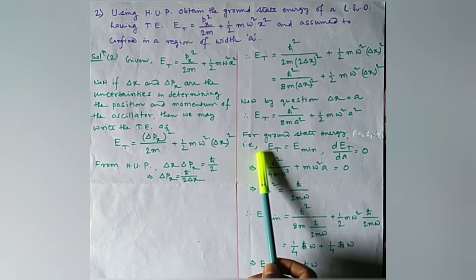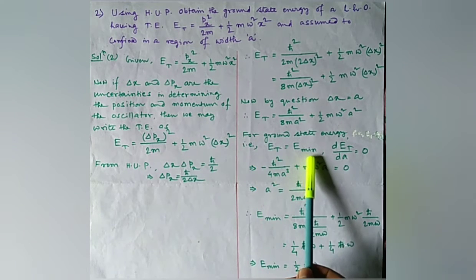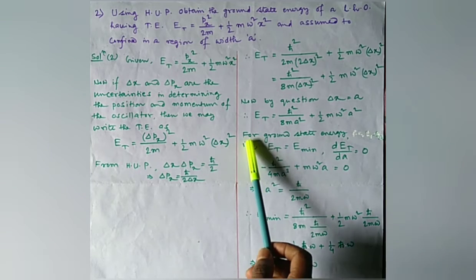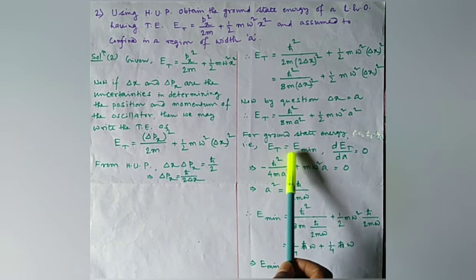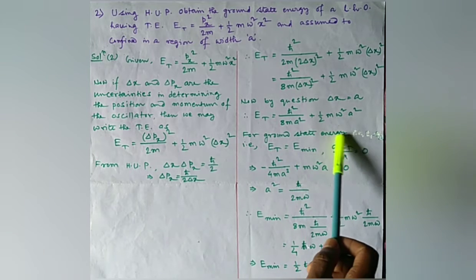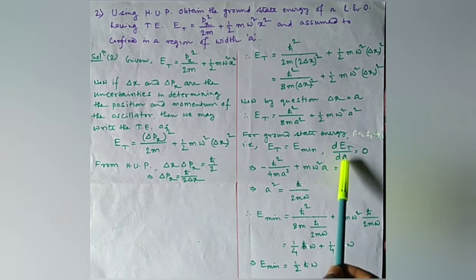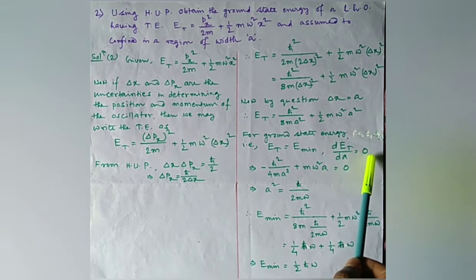Actually, the ground state energy of the linear harmonic oscillator is the minimum energy of that oscillator. So for ground state energy, Et equals E minimum, the first derivative of Et with respect to a must be equal to 0.